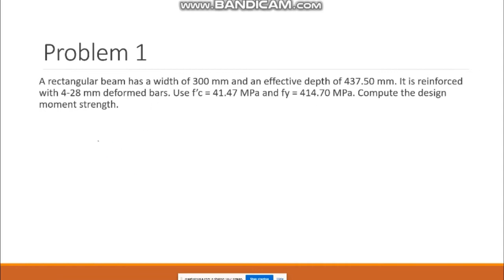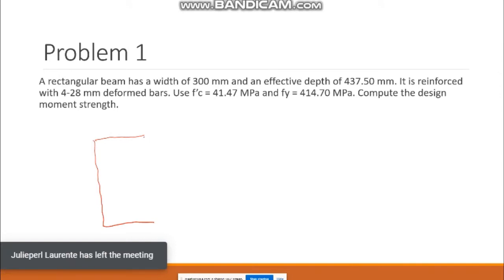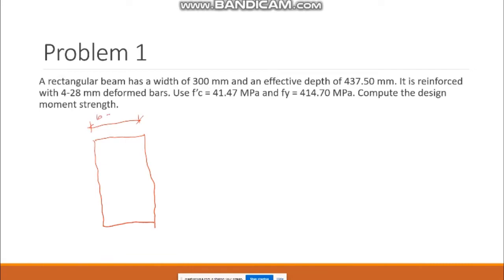Our beam is rectangular, so pardon the drawing. Here is the width b, 300 mm. The reinforcement is four 28 mm bars. The effective depth is measured from the extreme fiber to the center of the bar, which is 437.5 mm.